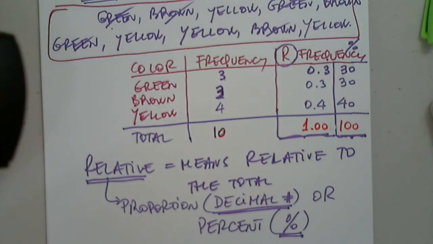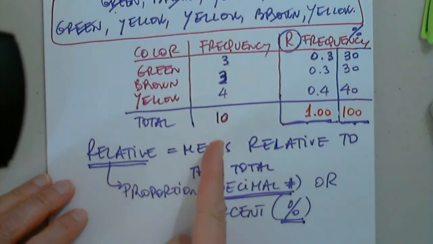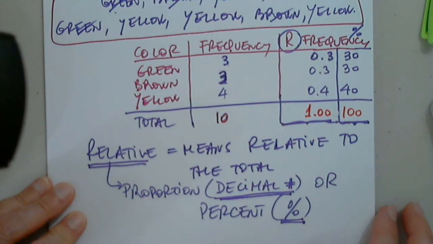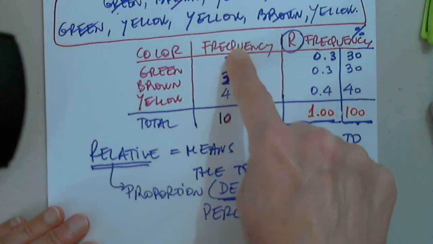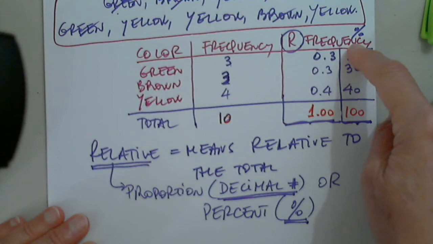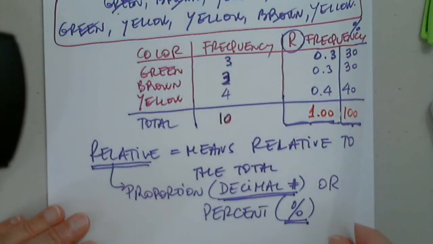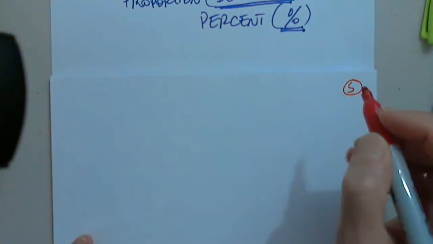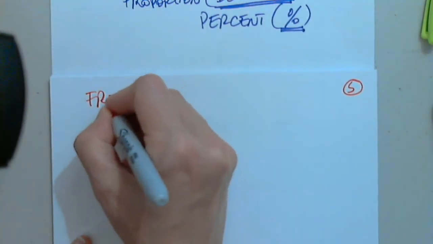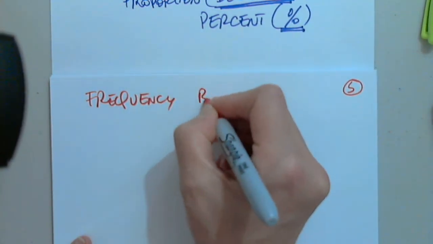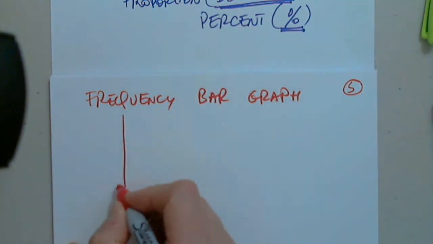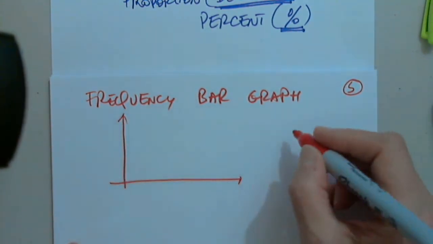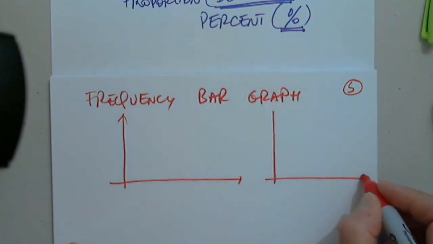Okay. So now, based on this, I would like to look at the frequency bar graph and the relative frequency bar graph. And then I'll stop. So the frequency bar graph. They can be vertical or they can be horizontal.